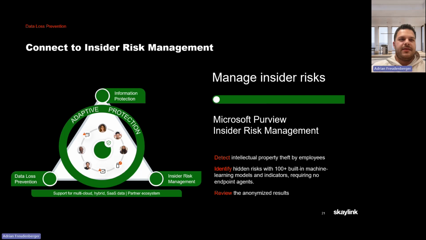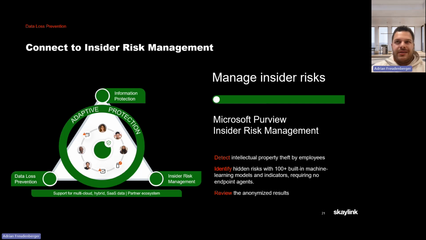Okay. In this story, the connection to insider risk management is very important, but insider risk management would be, I guess, a whole topic for a whole different webinar. So I just want to give you a short overview and highlight the capabilities of insider risk management. What is this? Insider risk is a solution to detect, investigate, and take actions on insider risk in your organization.